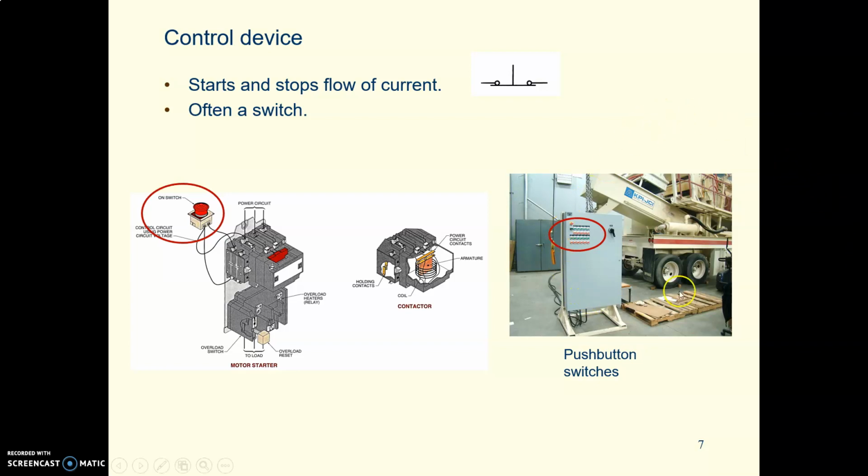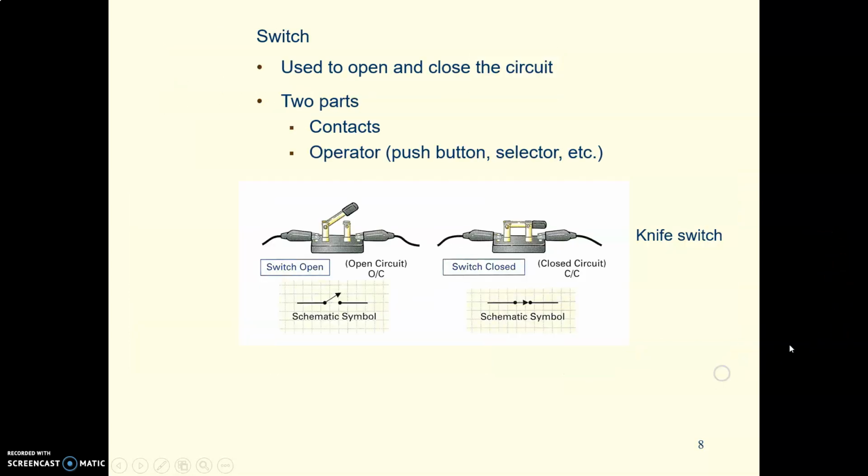What we're looking at here on the right is a photo of a motor control panel that has a whole row of push-button switches, and they are going to control, see these wires here? They are going to control motors on this JCI crushing plant. Basic idea of a switch is it's got contacts, and you can open the contacts to turn something off, close the contacts to turn something on.